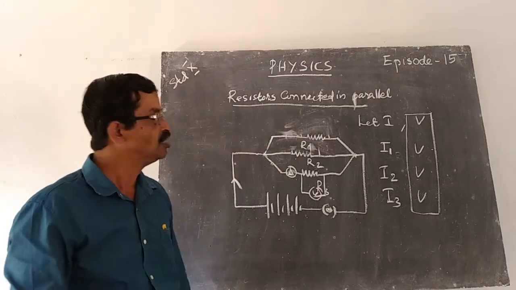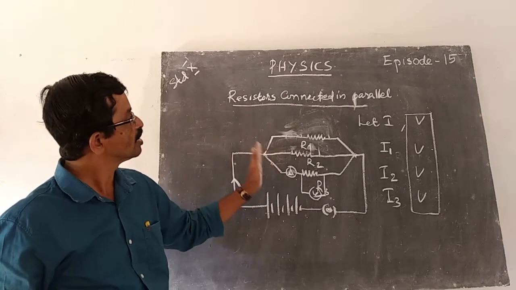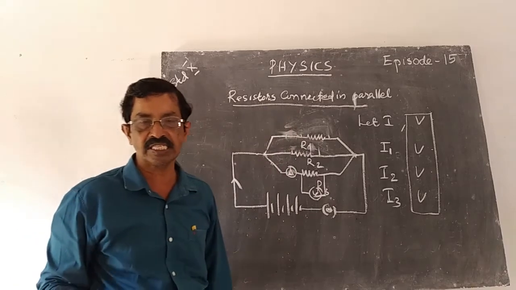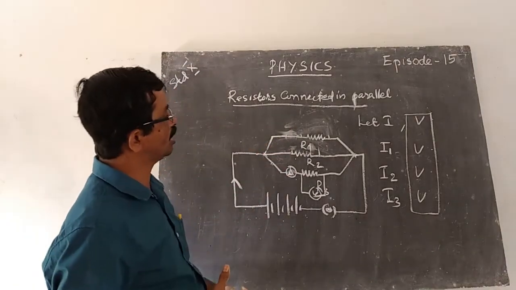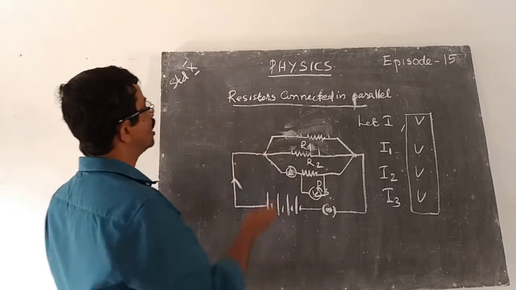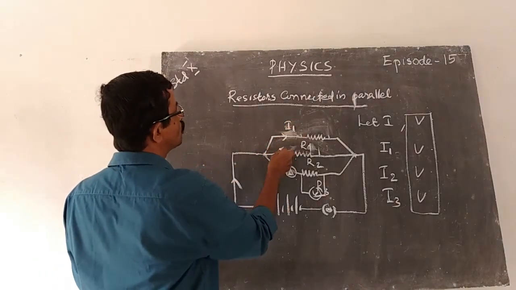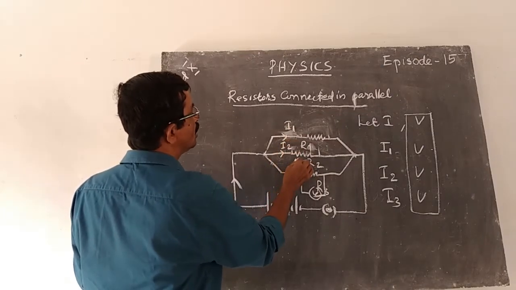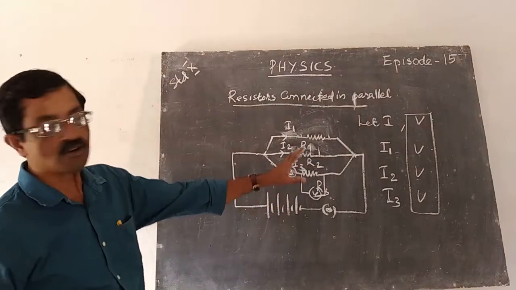There is no branching out of potential difference; here we got the same potential. But when you observe current, current through the first resistor is I1, through the second one is I2, and through the third one is I3. This is the current here we got.